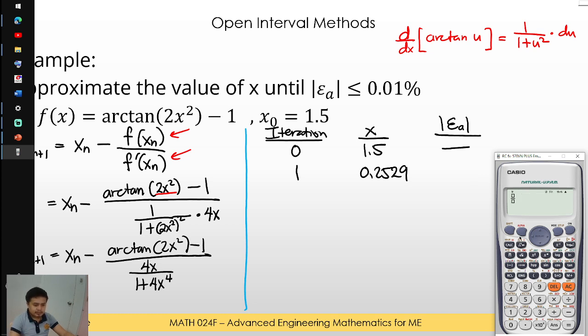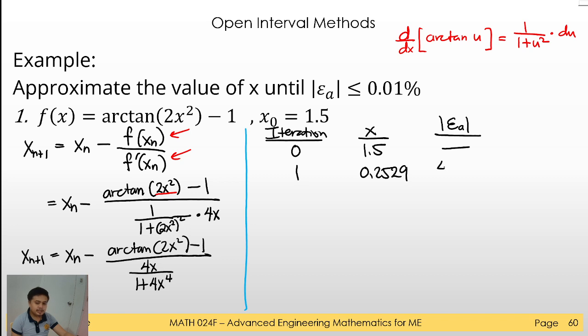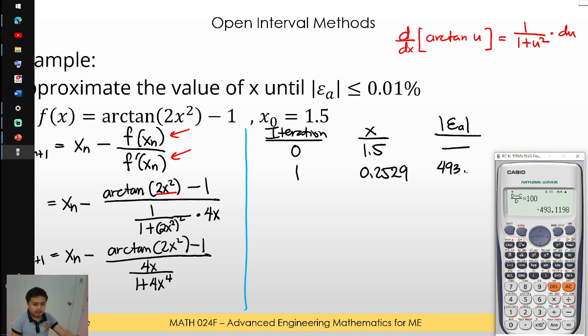For the approximate error, I will not write this anymore: we have the present minus the previous over the present times 100. So use the calculator. The present here is 0.2529, the previous is 1.5, so the absolute value of this is 493.1198%.